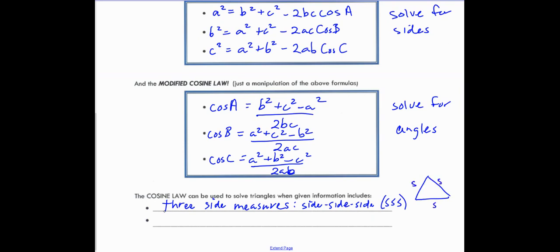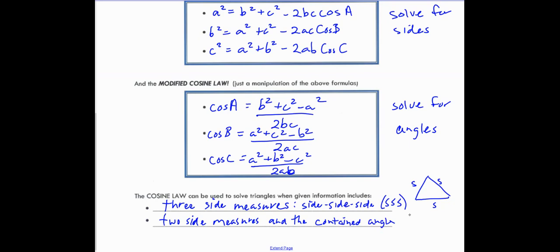Or the other one is you have two side measures and the contained angle. Now, contained angle is the angle between the two sides you know.